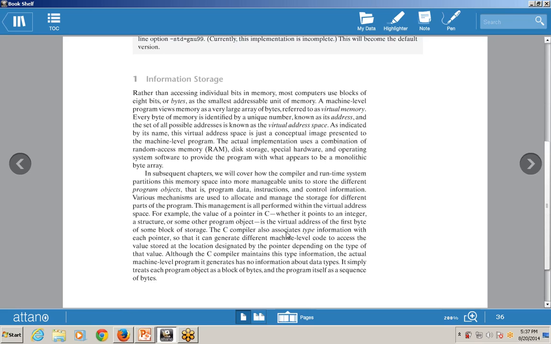This says the C compiler also associates type information with each pointer so that it can generate different machine level code to access the value stored at the location designated by the pointer, depending on the type of that value.